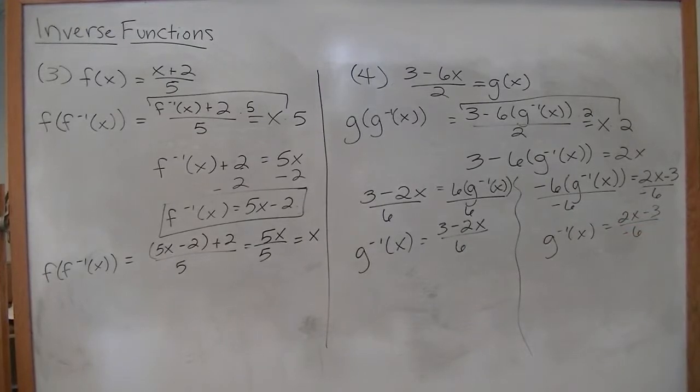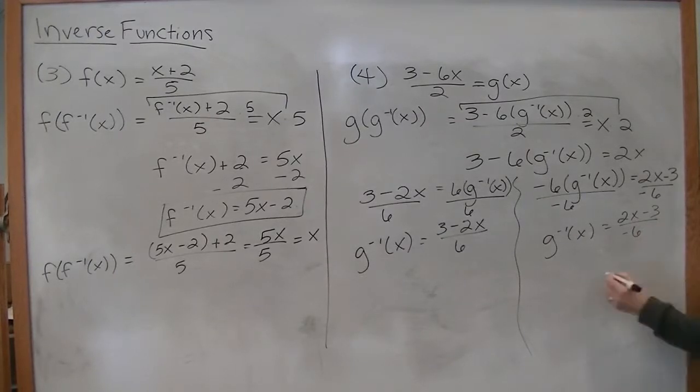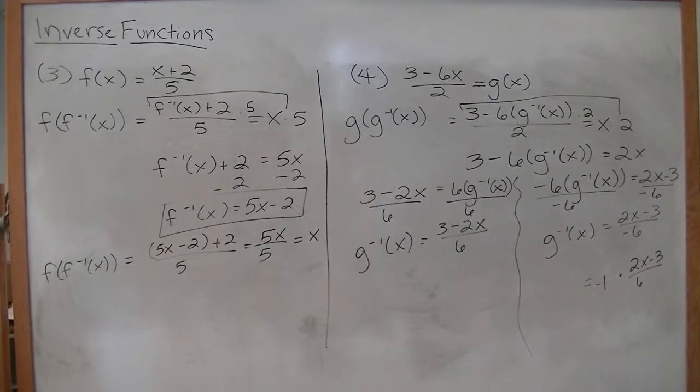Now, this isn't the exact same thing, right? They don't look exactly the same. However, I can show you. So I'm going to pull the negative 1 out here and write it as 1 over negative 1. Then this is really just the same thing as, indeed, negative 1. 1 over negative 1 or negative 1 over 1 are both negative 1.